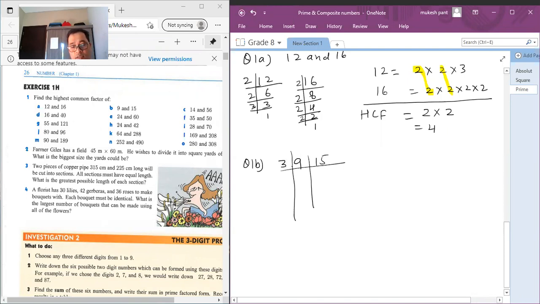You can see 3 divides 9 three times and 15 five times. Now we are getting 3 and 5. We don't have any prime number which can divide both 3 and 5 simultaneously. So our calculation ends here.